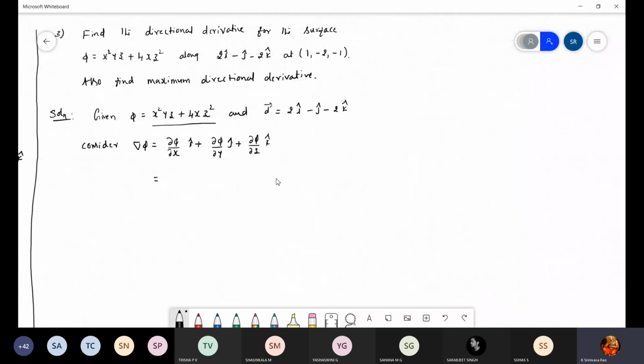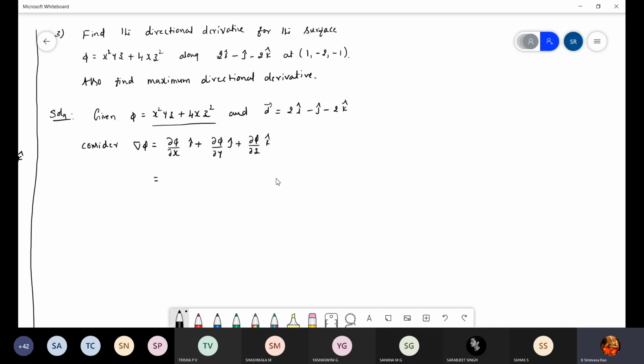Like the previous two problems, you can substitute, but I will differentiate directly. If you are understanding the concept, you can differentiate directly because phi is written already. But the formula I have to write.